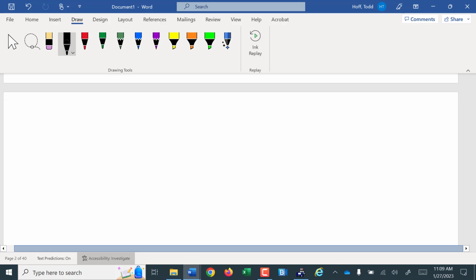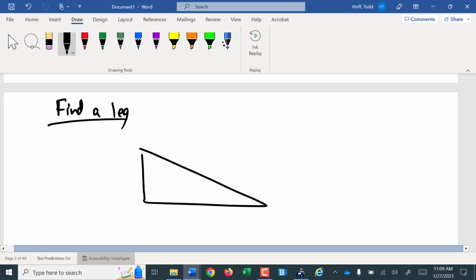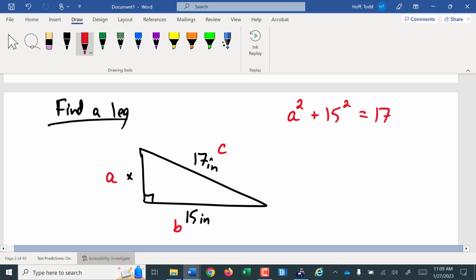So we're getting short on time here. So let's say we're going to find a missing leg. Let's say this is 15 inches and 17 inches, and I want to find this side here. Well, I'll call that leg A. This is leg B, and of course this is the hypotenuse. So A squared plus 15 squared has to equal 17 squared.